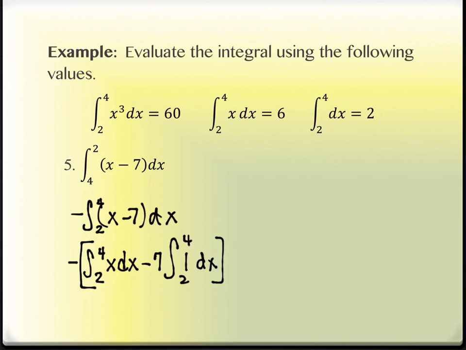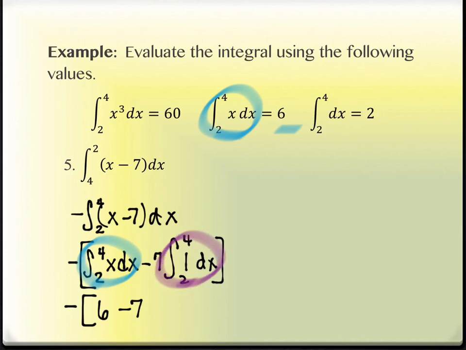So what is the antiderivative of, we'll use blue again, the x dx piece? Well, it's 6. So I have a negative, and I have a 6 here, minus 7. And then my antiderivative of the 1 dx is 2.